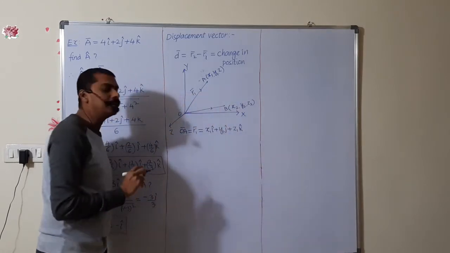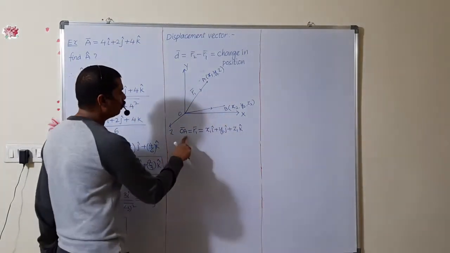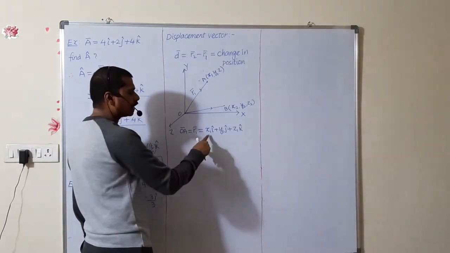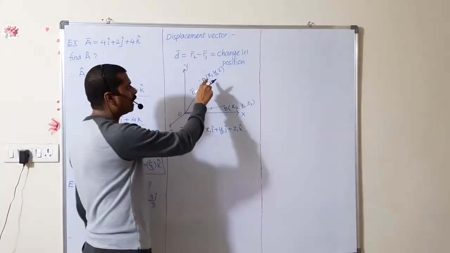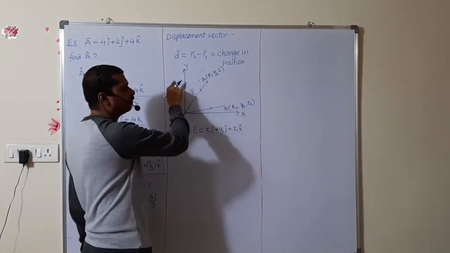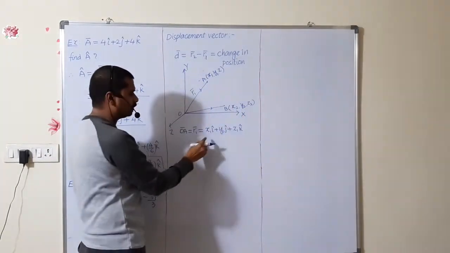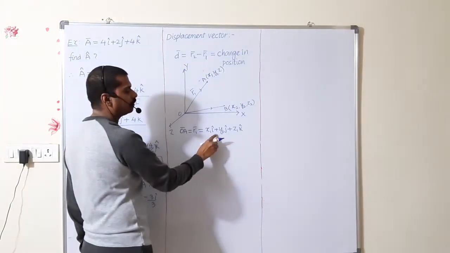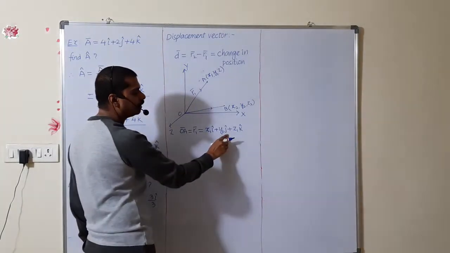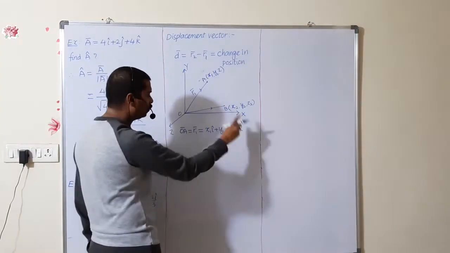This is the initial position vector. According to this coordinate, x1, y1, z1 are the magnitudes: x1 along the x-axis, y1 along the y-axis, z1 along the z-axis. Again we are using the same formula, magnitude multiplied with unit vector.